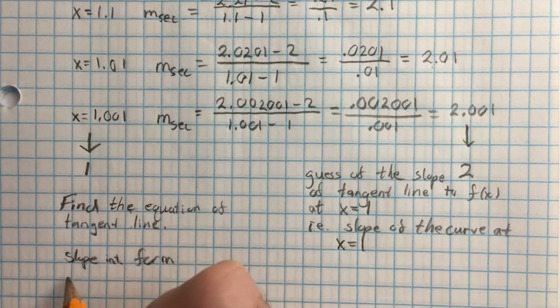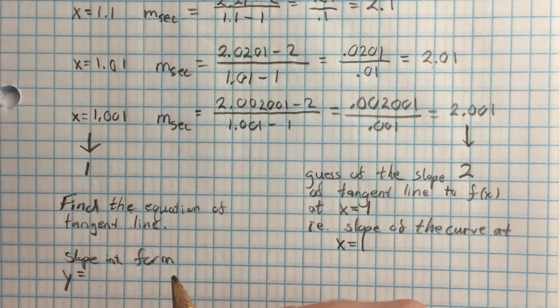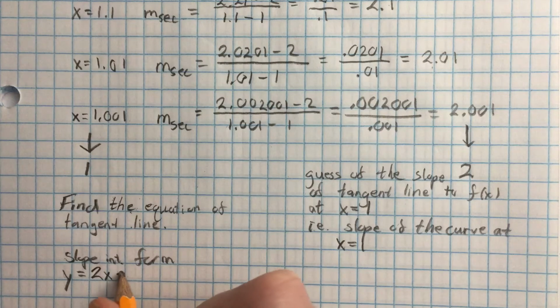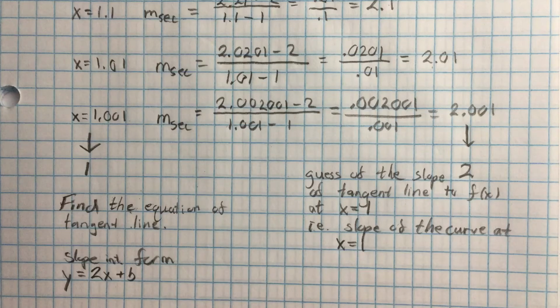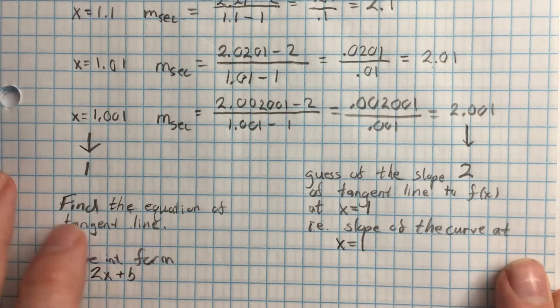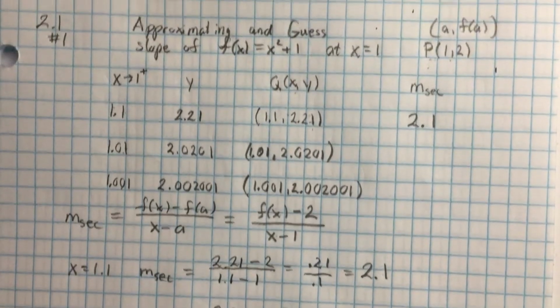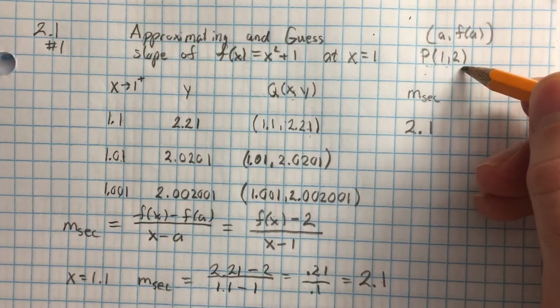We would have y equals the slope of the tangent line m, which will be 2 is our guess, right? We said the slope was 2, supposedly. 2 for the tangent line slope, x plus unknown y-intercept of the tangent line. So then we just use the one point we know which is on the tangent line, and that's the one that it intersects the curve with, and that is back here, 1, 2.